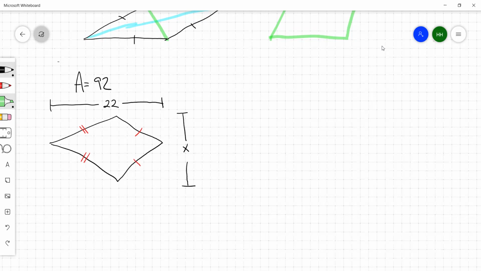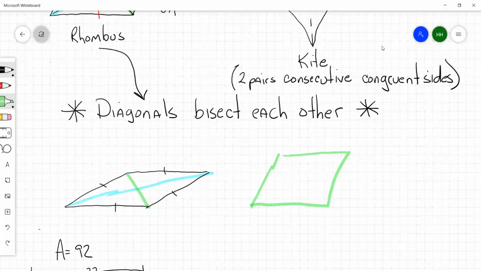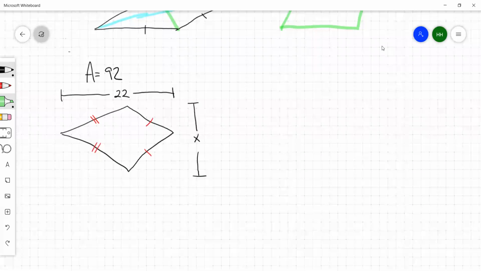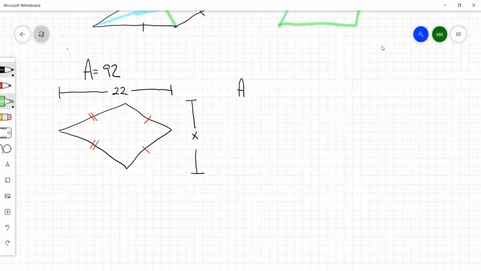So what's the formula for the area of a kite? When you get these problems, here's how I told you to do them yesterday, and it stays the same. It's 1/2 diagonal 1 times diagonal 2. So the first thing you do is write down the area formula. Area equals 1/2 times diagonal 1 times diagonal 2. You can call the 22 D1 and the X D2. Those dimensions represent your diagonals. So then substitute.